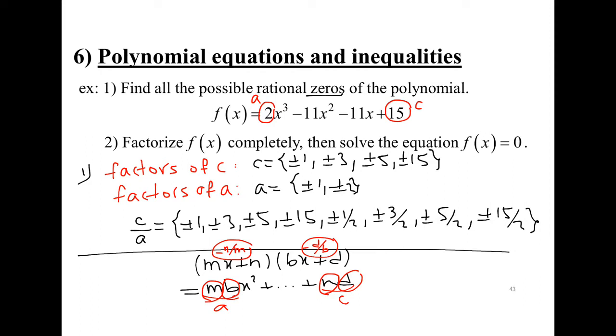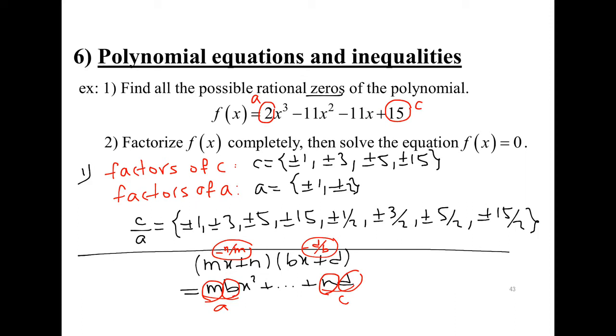Now, if we move to part 2, how could we actually use the set c over a in order to factorize the polynomial completely and find all its roots? As we know, since they're possible zeros, we start trying them one by one. When we get to a zero, it should make the polynomial equal to 0.